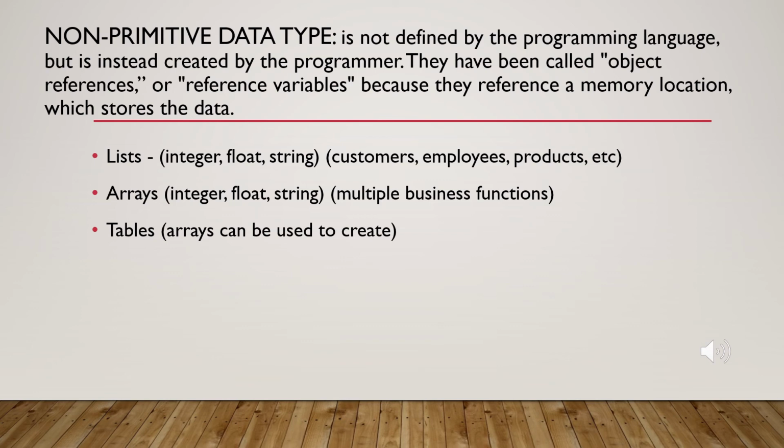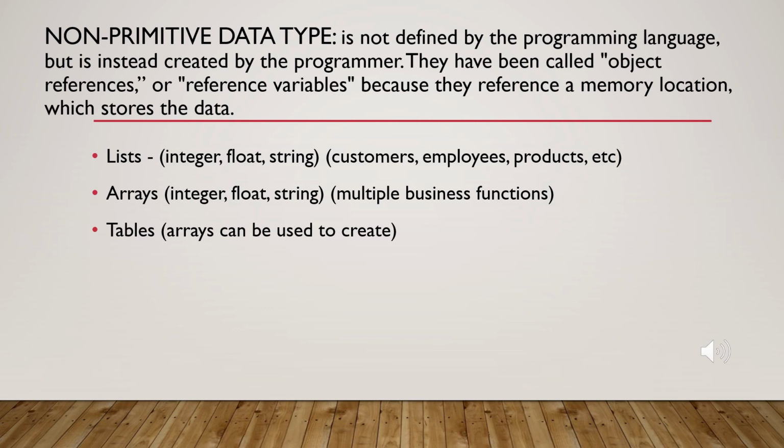The main difference between a list and an array is the functions that you can perform with them. Now, with a list, you can get customers' names, employee names, products, inventories, and those are sequential. Arrays don't have to be sequential. You can get almost the same information, but it doesn't have to follow the same exact pattern.